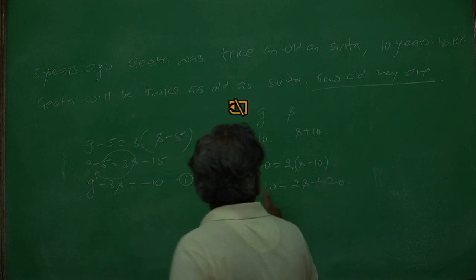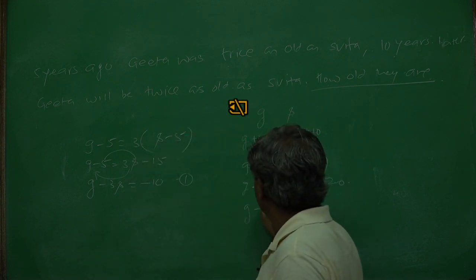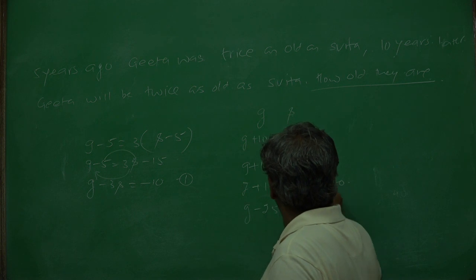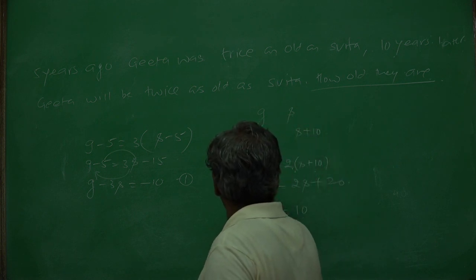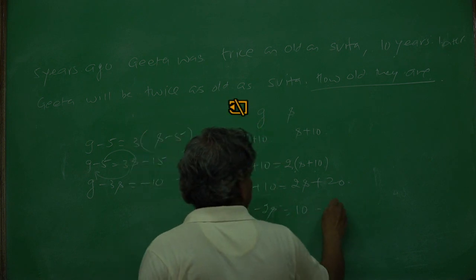So G minus 2S is equal to 10. This is equation number 2.